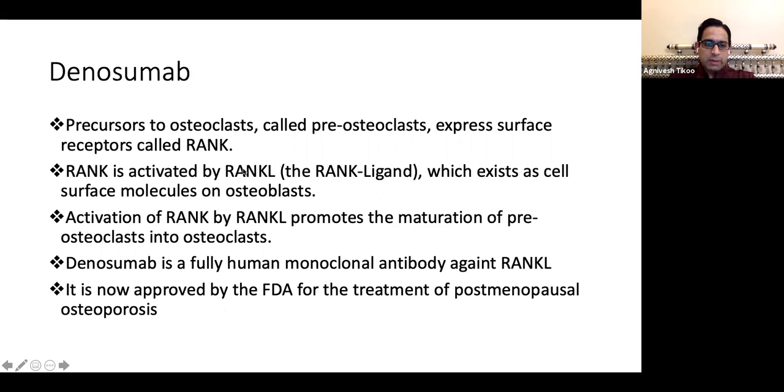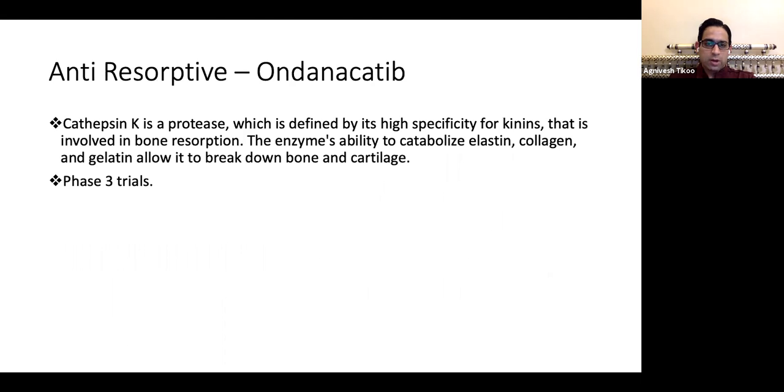Denosumab works through RANK ligand. It's a fully human monoclonal antibody against RANK ligand, and that is how it prevents the osteoclast from getting activated and causing bone loss. Other antiresorptives are also in phase trials.